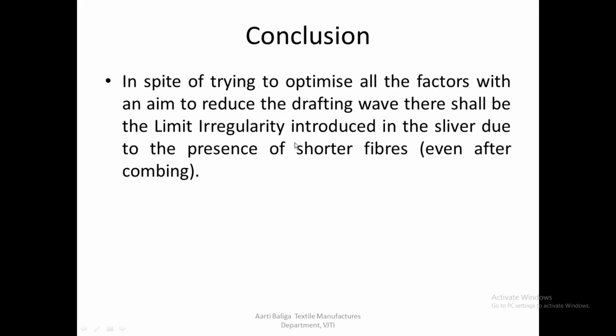We are not removing all the fibers in the Baer-Sorter diagram; it would be highly uneconomical. So we remove only below a certain length, but the fibers just above those short fibers manage to survive, and they are also somewhat shorter fibers, and they lead to the limit irregularity which we are talking about.